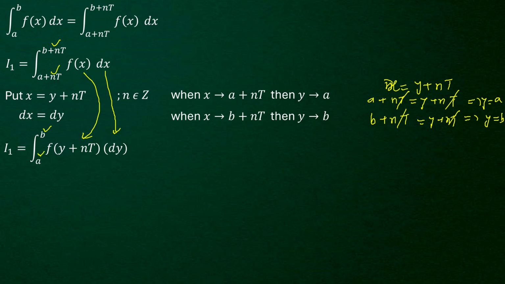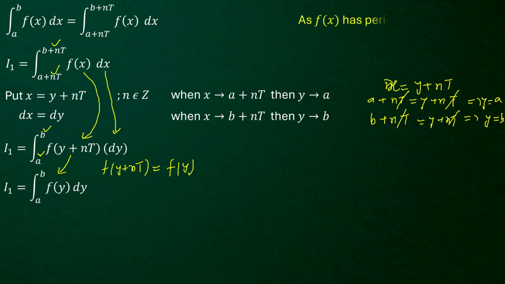Now this integral I1 can be written as the integral from a to b of f of y dy. Here f of y plus nt has been put against f of y, and this is the step we are to investigate in the proof of this definite integrals property.